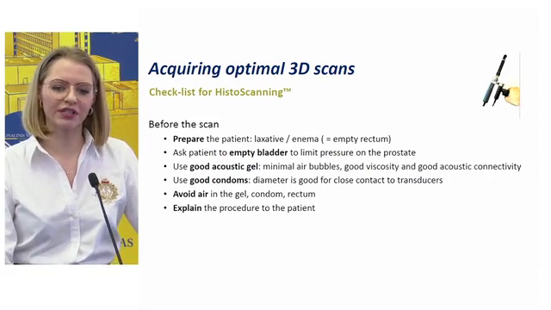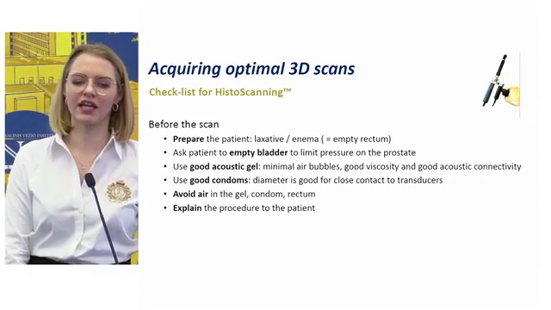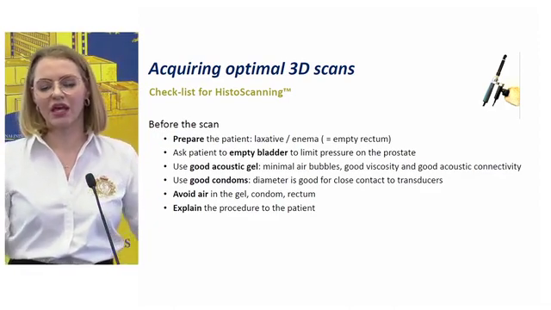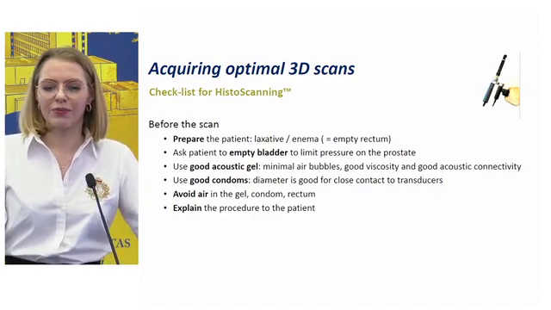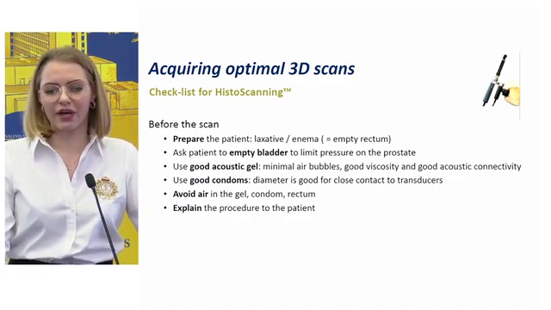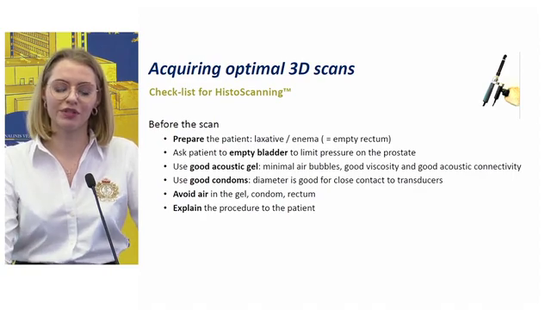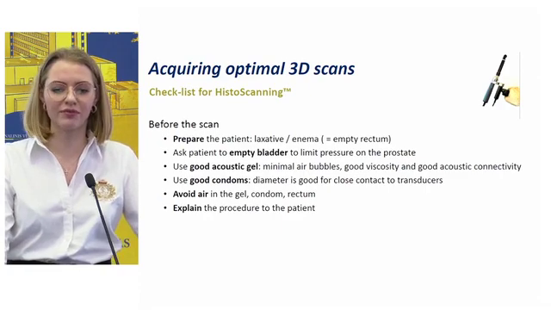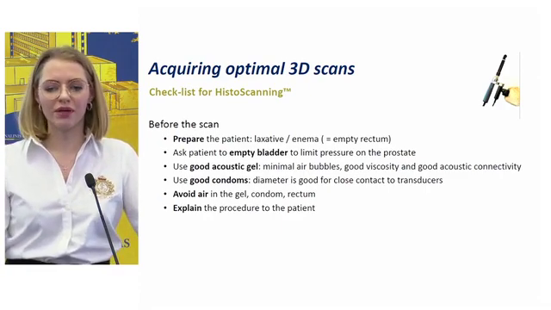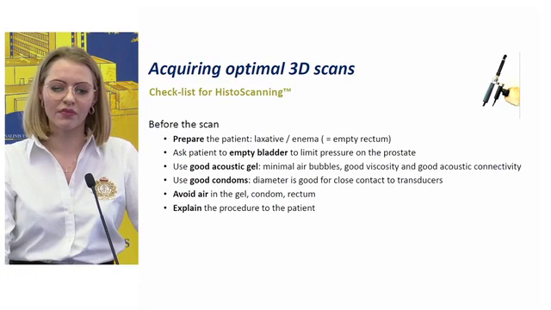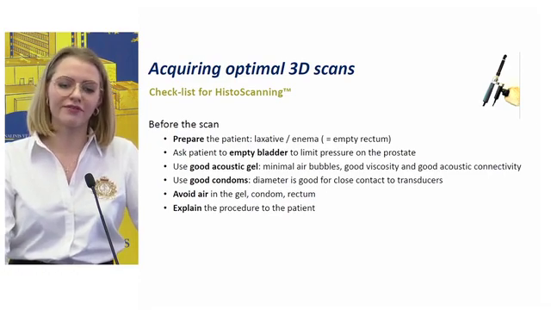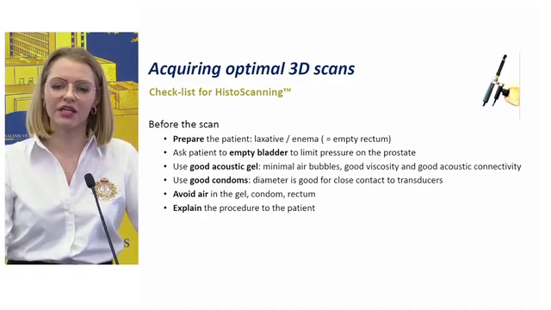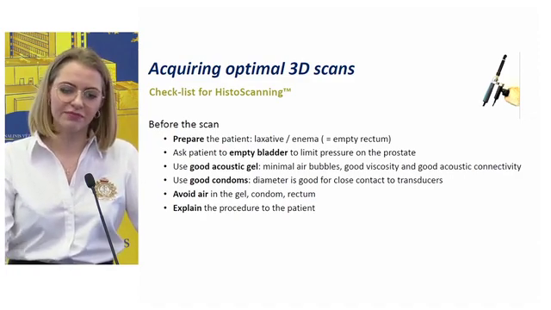It is very important when using histoscanning to properly prepare the patient and the procedure. Before the scan, the patient should be prepared. Laxatives or an enema should be given. We should also ask the patients to empty the bladder to limit the pressure on the prostate. We also have to use a good acoustic gel with minimal bubbles, with good viscosity and good acoustic connectivity.